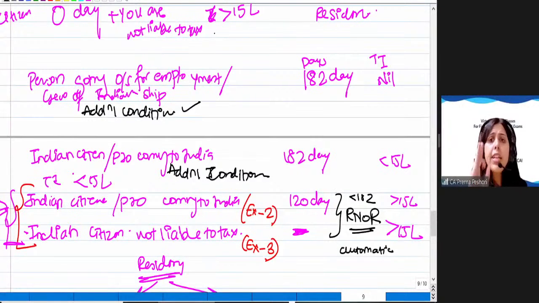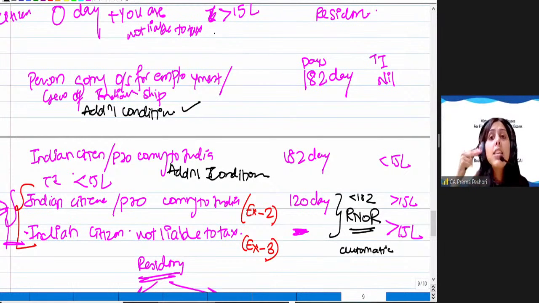Clear? That is the additional condition. If I am going outside for employment, then I have only the 182-day condition, and I also have to fulfill the additional conditions for ROR, which are again the same. 2 out of 10 years I should have been resident, and 730 days or more in the 7 previous years.